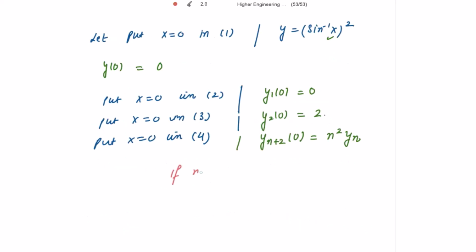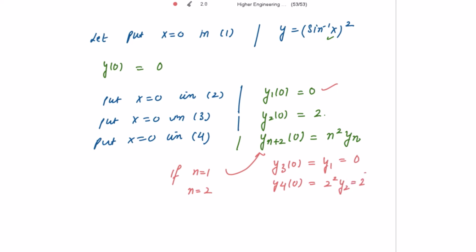Further, if I put n equal to 1 over here, I get y3 at x equal to 0 equal to y1, and y1 is 0. So this is 0. So y3 is 0. And then for n equal to 2, we get y4 at x equal to 0, we get 2 square y2.